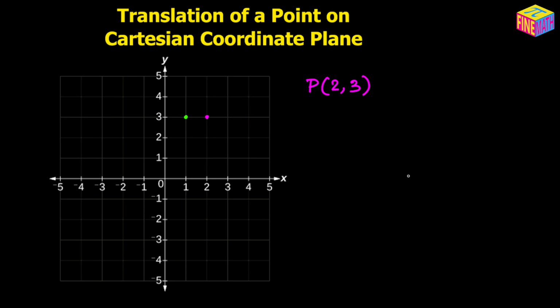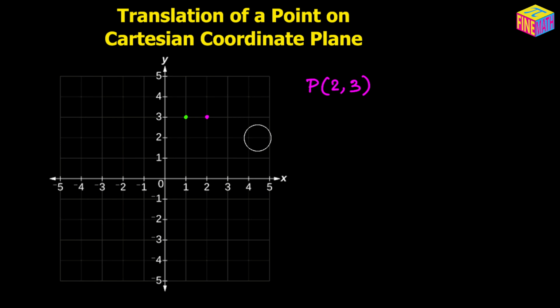How about the y coordinate? The y coordinate will remain the same because I am not moving it up or down. So moving to the left will reduce the x coordinate. Moving to the right will increase the x coordinate. Moving up will increase the y coordinate. Moving down will decrease the y coordinate.